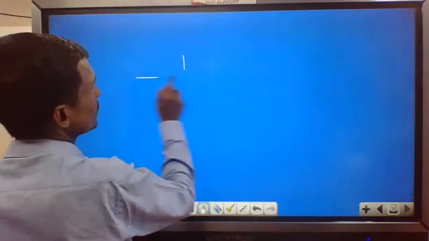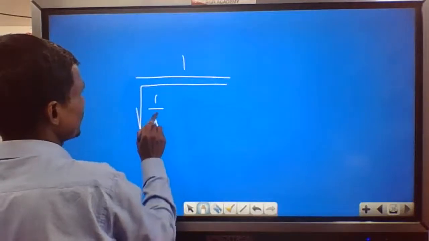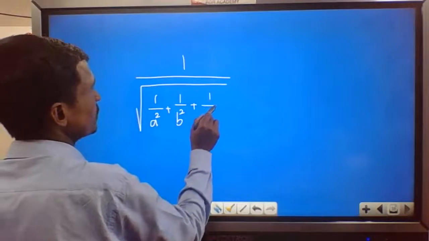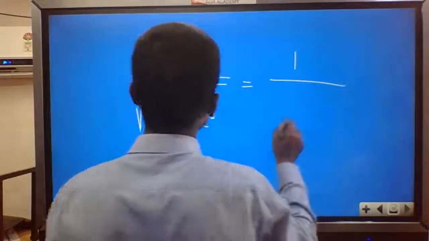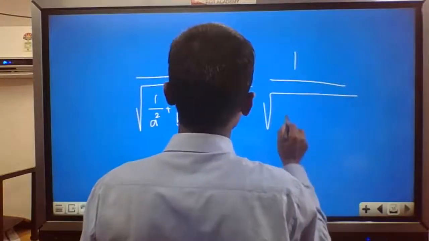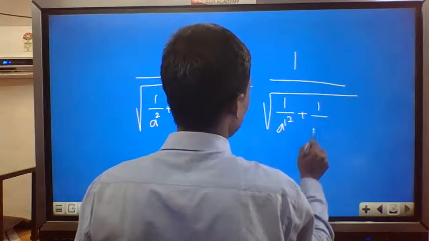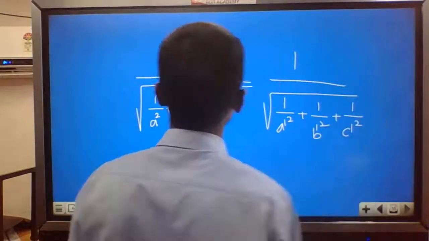1 by root of 1 by a square plus 1 by b square plus 1 by c square, equals 1 by root of 1 by a' square plus 1 by b' square plus 1 by c' square.